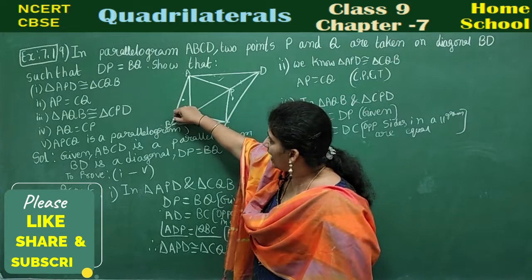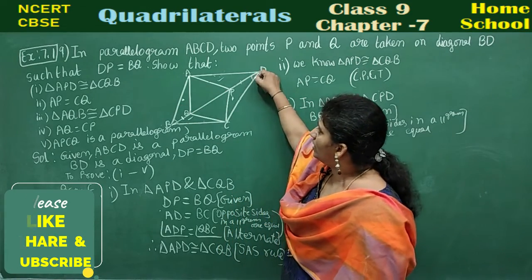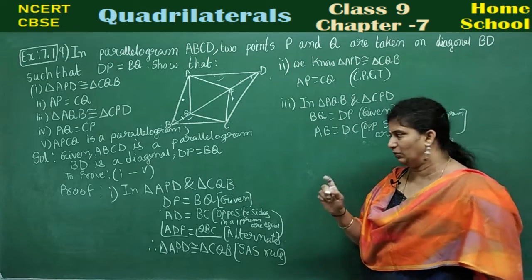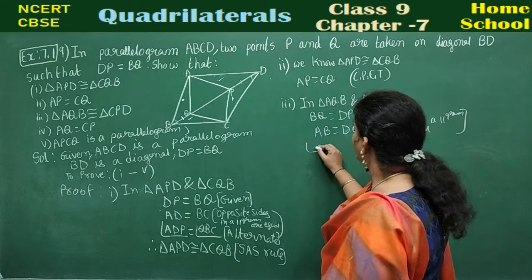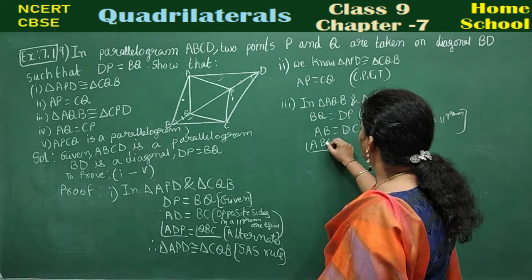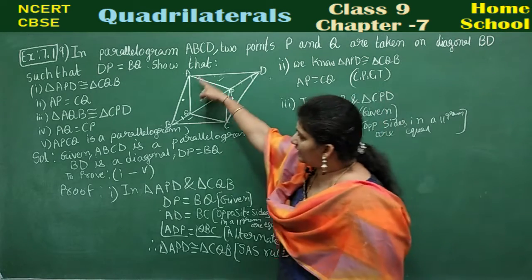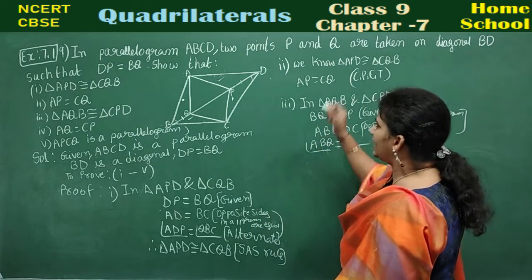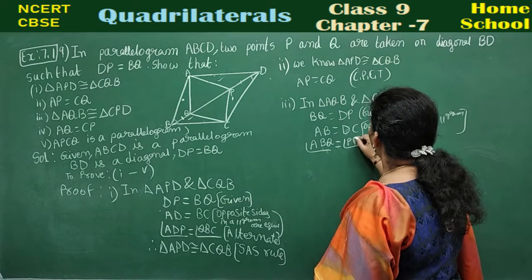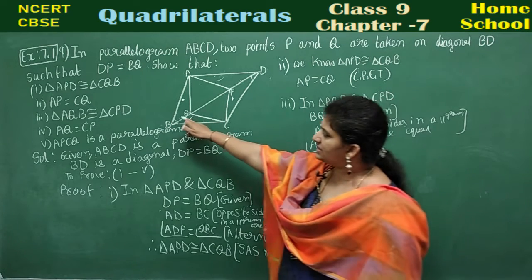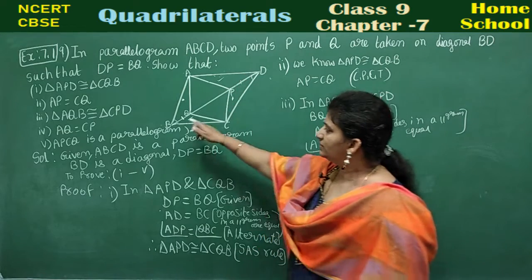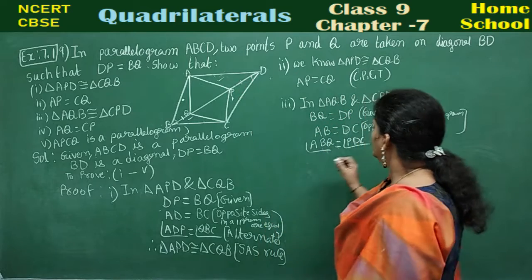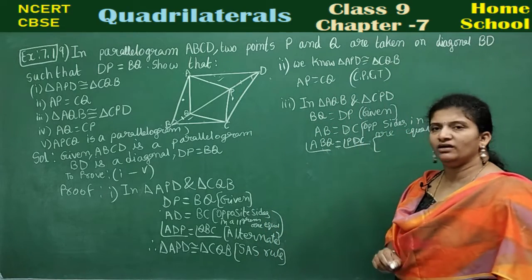Now this angle ABQ is equal to angle PDC. Alternate angles in a parallelogram are equal. According to this statement, angle ABQ is equal to angle PDC, or CDP also you can write. This angle is important. So how are we writing the statement here?